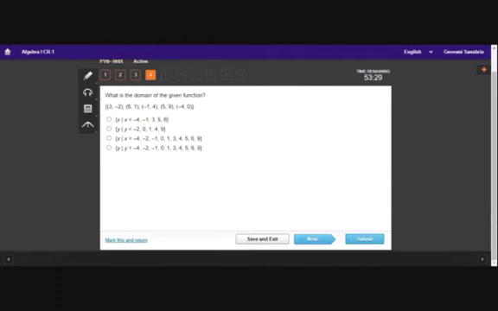So it'd be the 3, the 6, the -1, the 5. So it'd be A, right? Yep. So domain is the x values. It's the inputs. Domain, x value, and input, they all mean the same thing. Range, y value, and output, that all means the same thing.